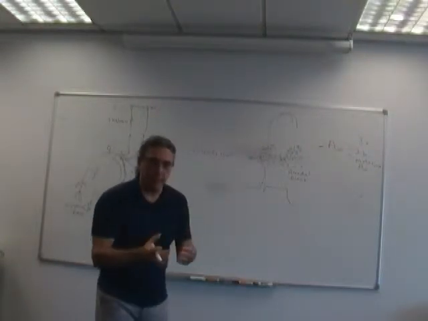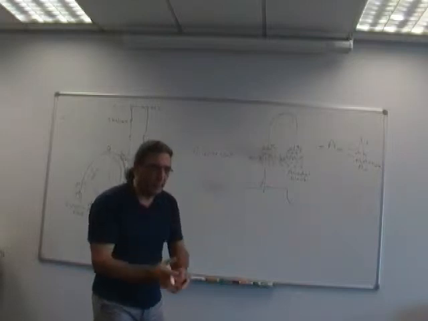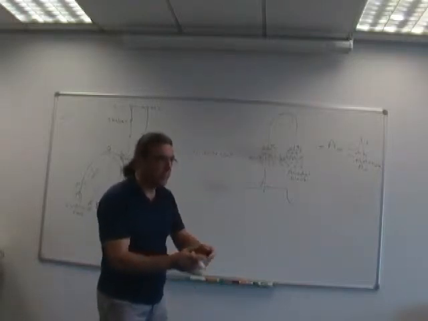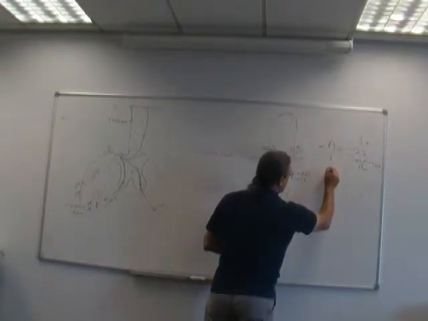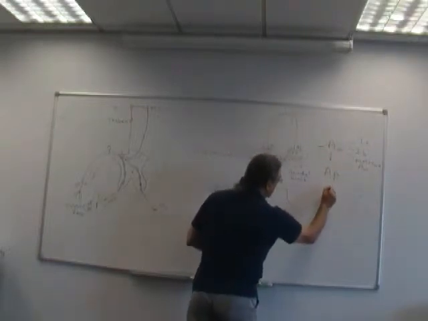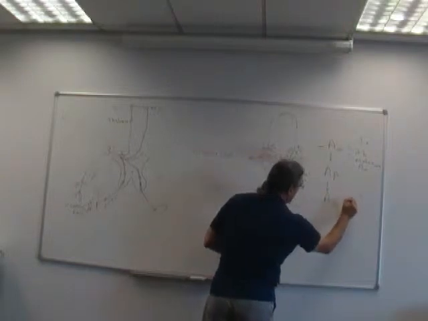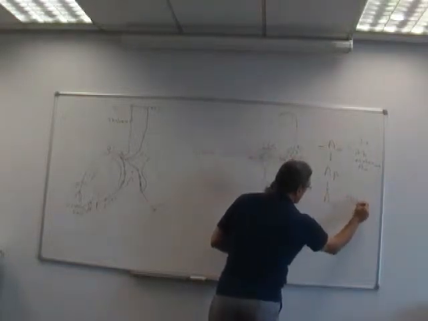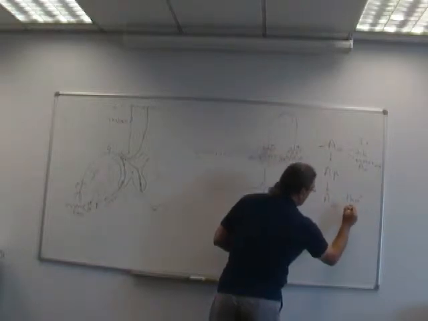But considering that each nerve has A alpha, A beta, A gamma, A delta, and C fibers, as you increase the stimulus intensity, then A betas. A betas are touch receptors, pressure receptors. A deltas, the pain, has fast pain, touch, temperature.